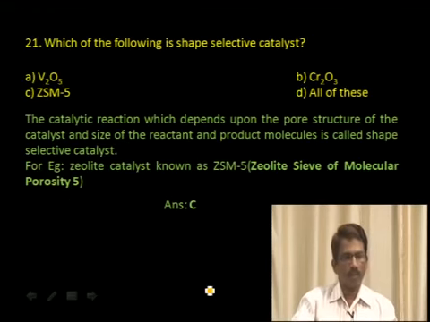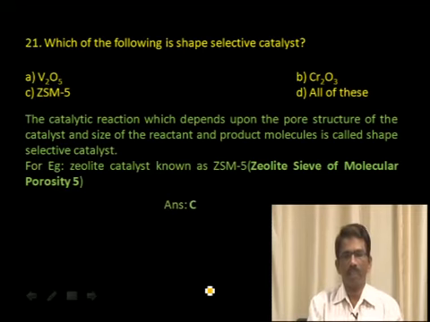And then question number 21. Which of the following is a shape selective catalyst? This is a question from catalysis of surface chemistry. The catalytic reaction which depends on the pore structure of the catalyst and size of the reactant is normally called shape selective catalysis.